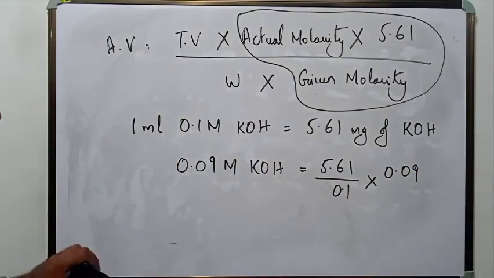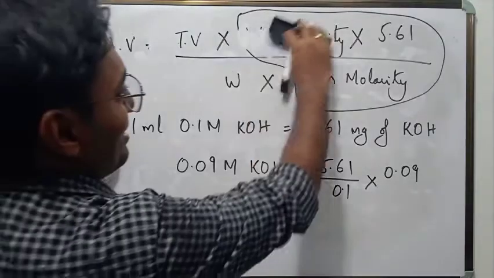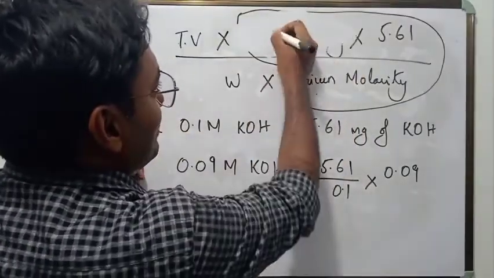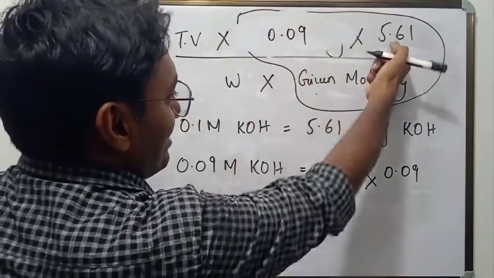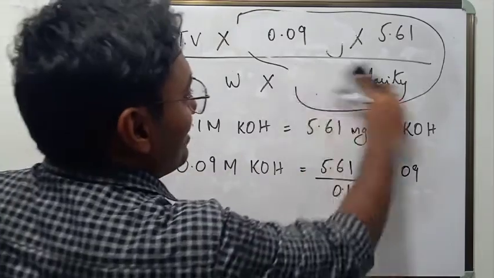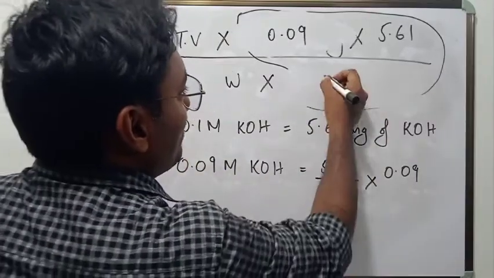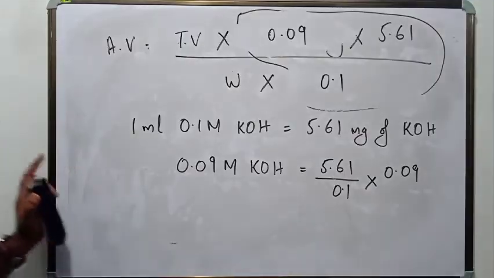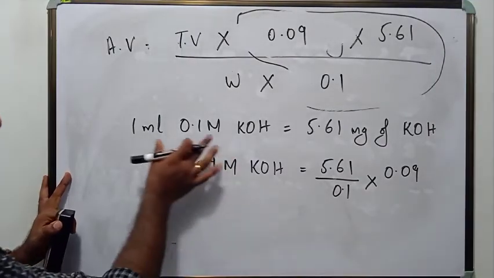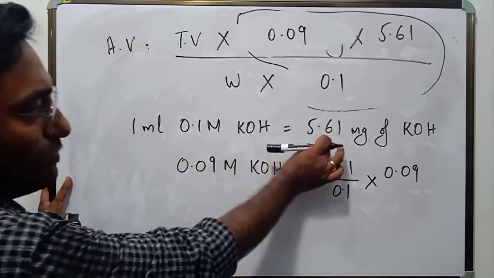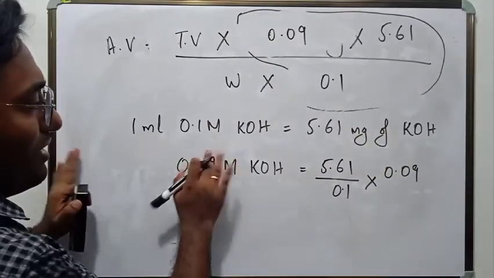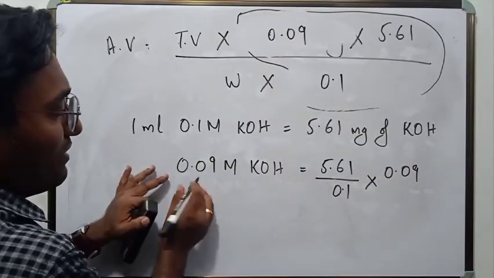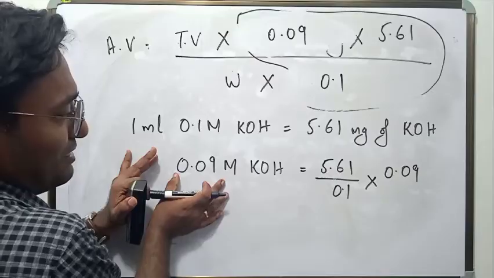Shall I write it here? Actual molarity 0.09 into 5.61 divided by 0.1. I hope you got it. 1 ml of 0.1 molar is equivalent to this much. But today, due to human error, whatever I have prepared, the strength is 0.09 molar.